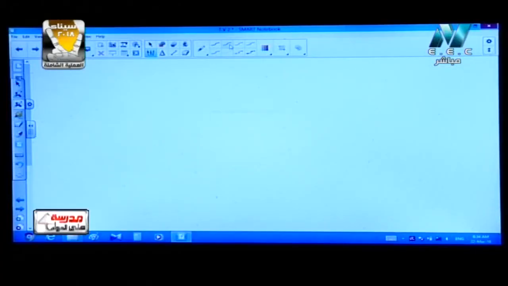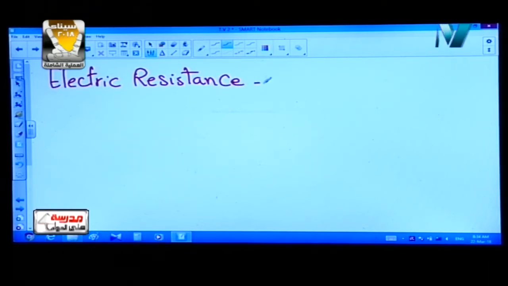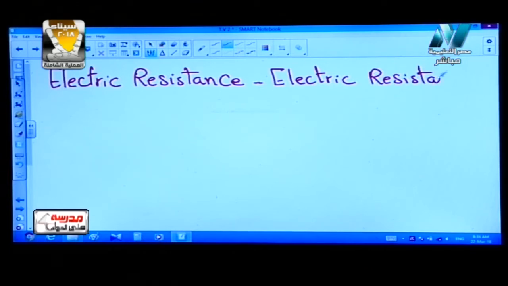When the question says electric resistance, and another time the question says electric resistance according to Ohm's law.